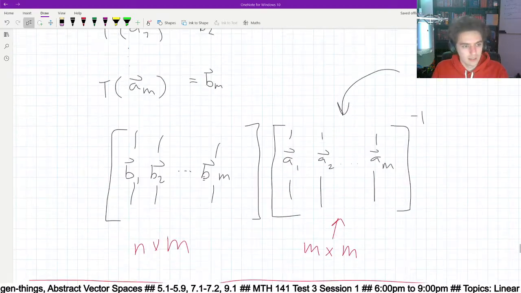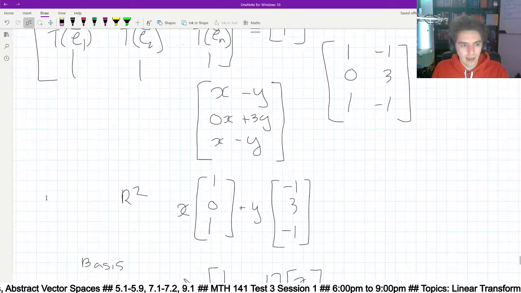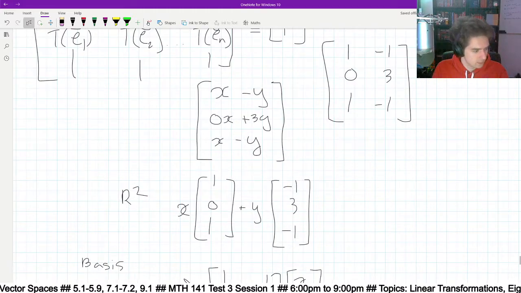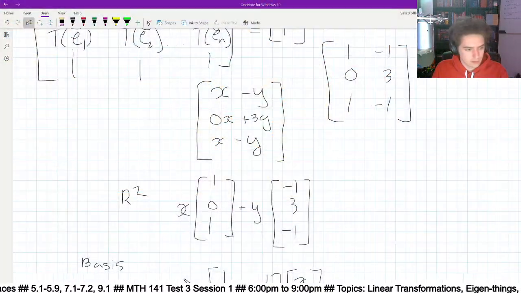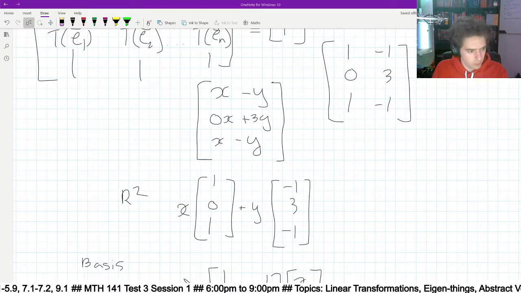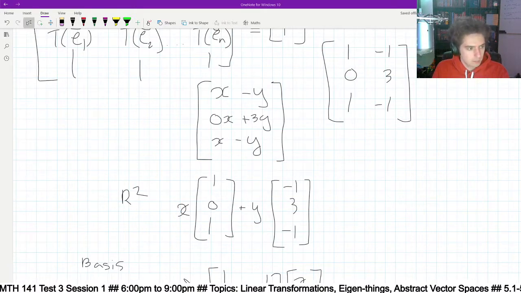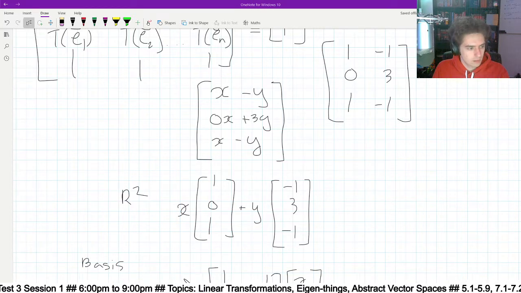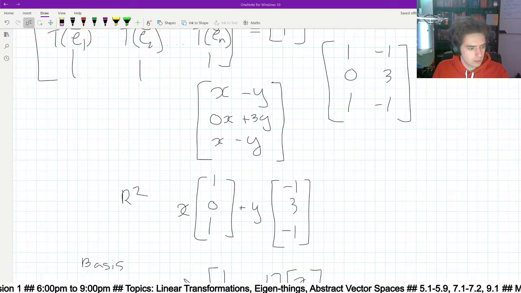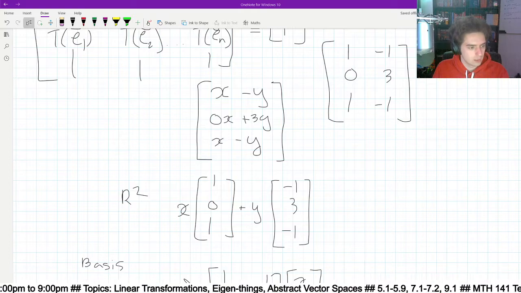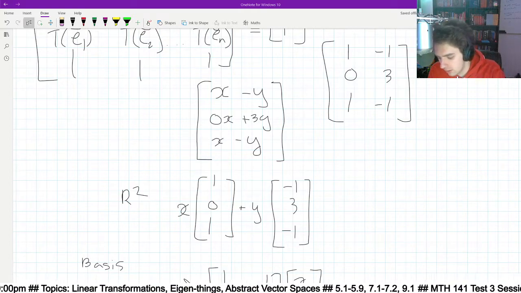Okay, so let's move on. I have opened the textbook, Linear Algebra. Section 5.3 is called Properties of Linear Transformations.